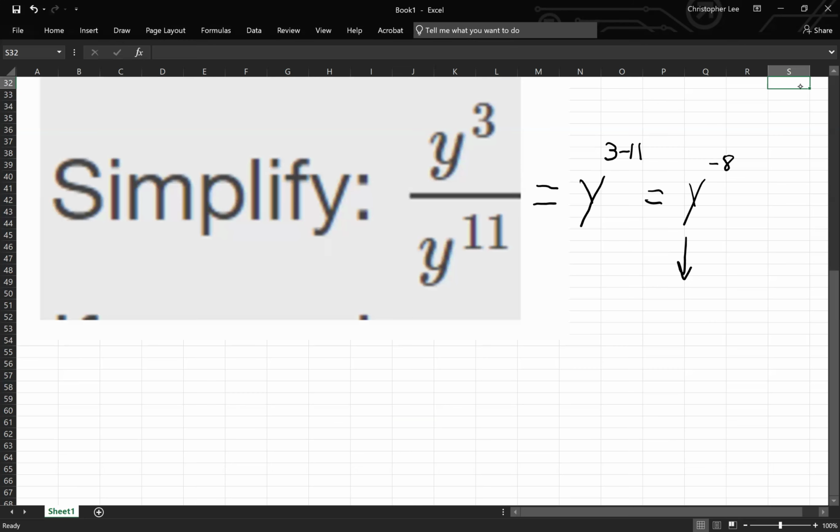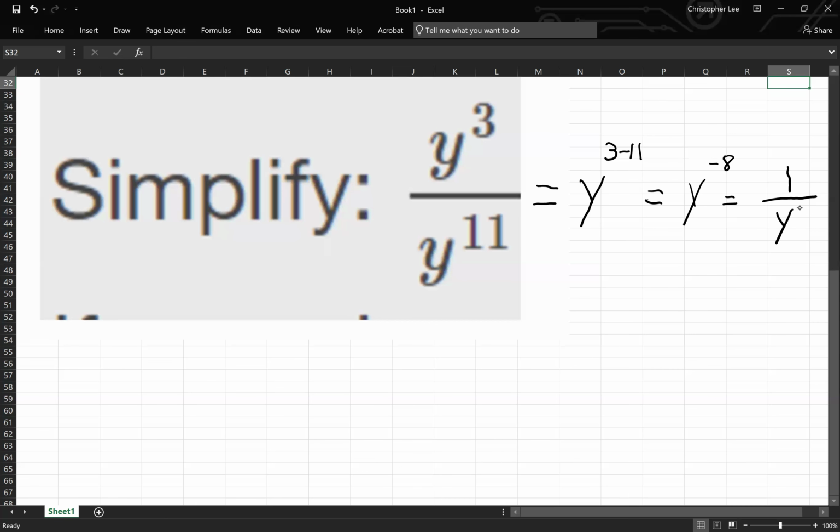You have to make it into a fraction form. And the way that you're able to do that is through putting the y on the bottom. Very good.